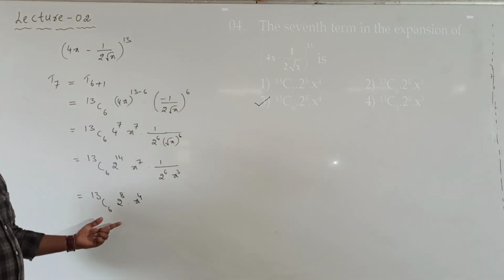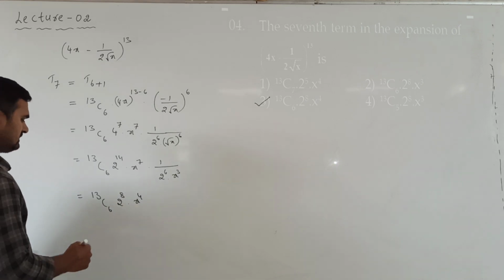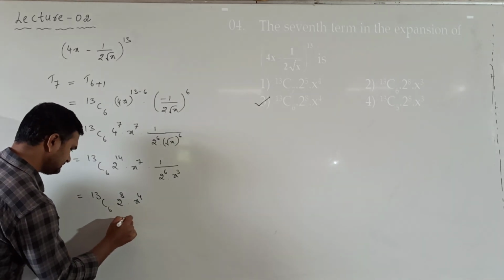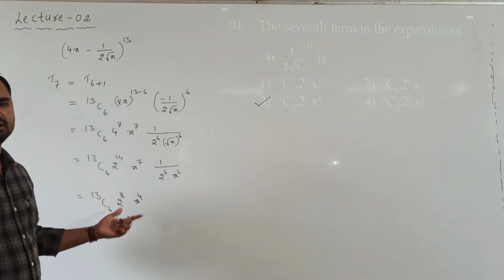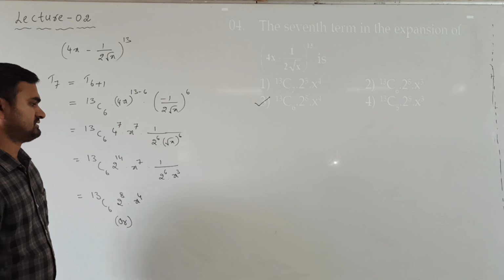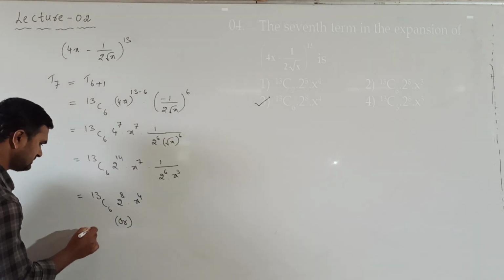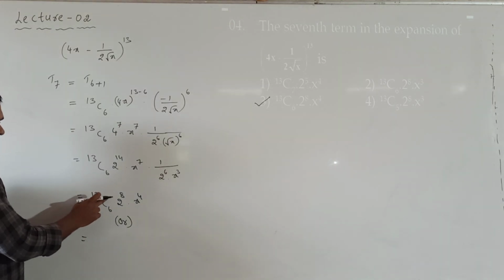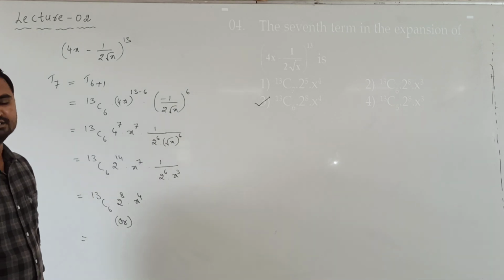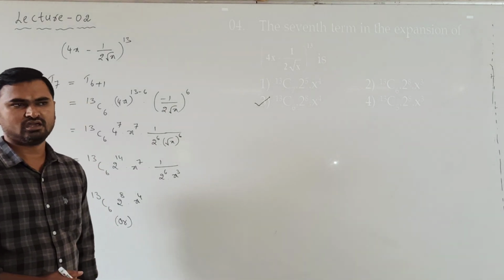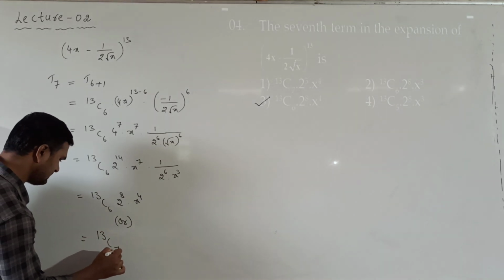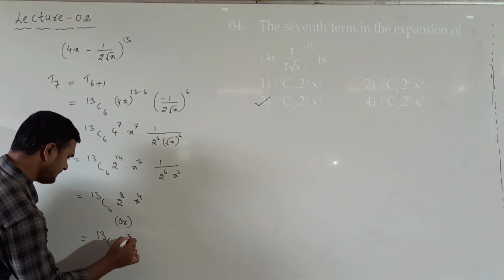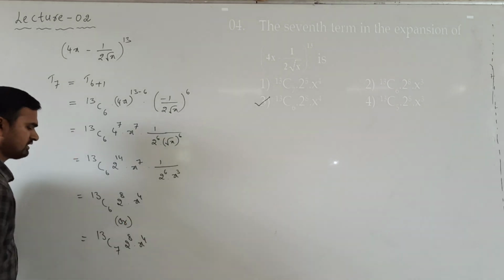Now the same answer can also be written differently, because sometimes this option will not be there in the given options. In such a case, we know that nCr is the same as nC n minus r. So 13c6 is the same as 13c7, into 2 power 8 into x to the power of 4.